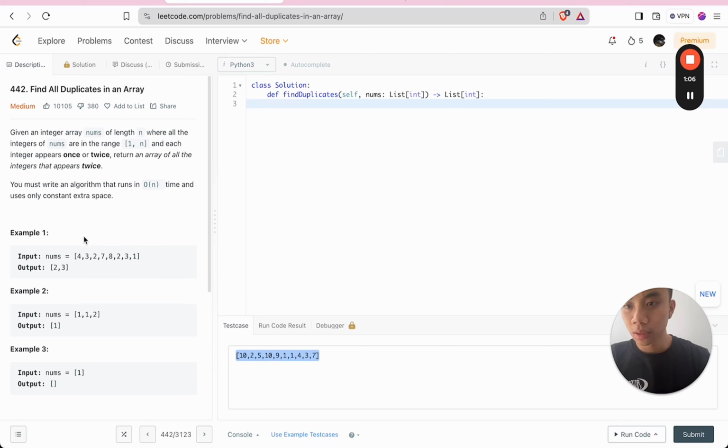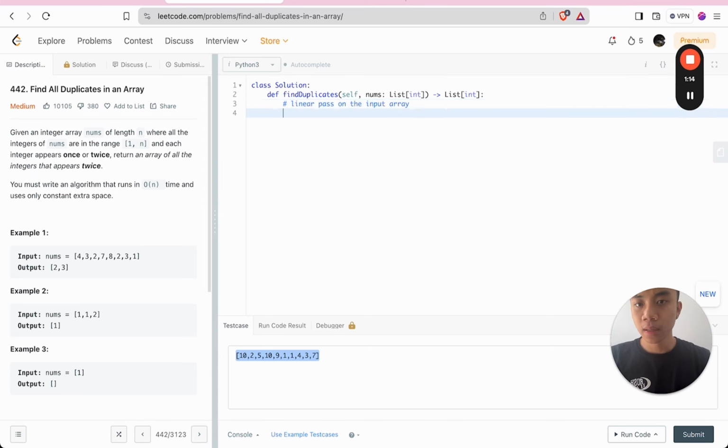First we're going to do a linear pass on the input array. In this example, if we come across 4, we will go to the fourth element, which is 7, and we're going to make it negative.